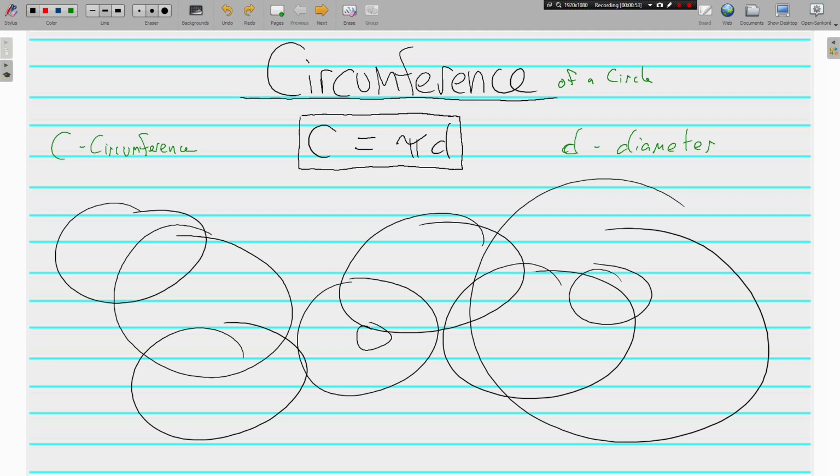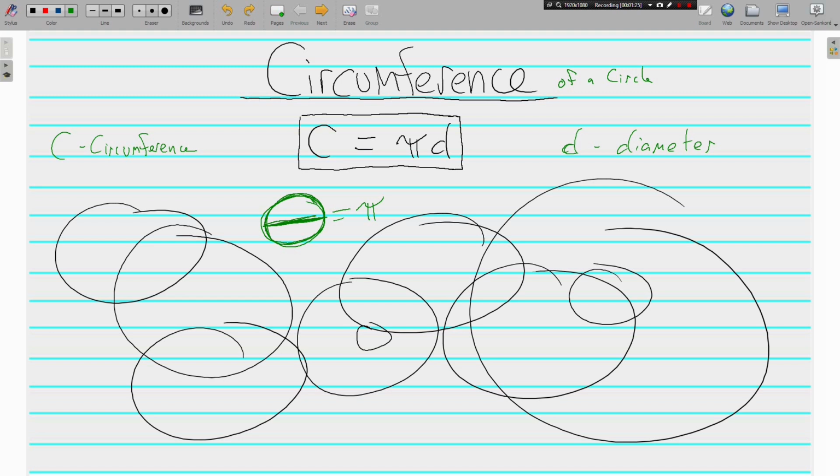But what pi is, if you take the distance around a circle, that's what circumference is, and you divide it by the distance through the center, which is the diameter, the circumference divided by the diameter is equal to this ratio that we call pi.